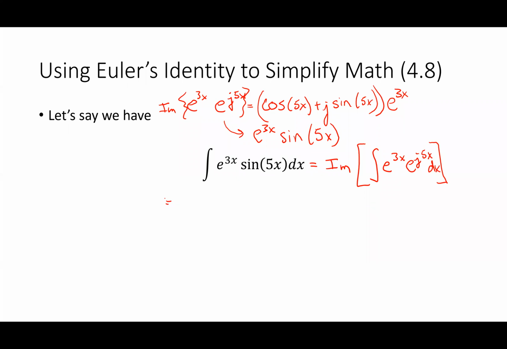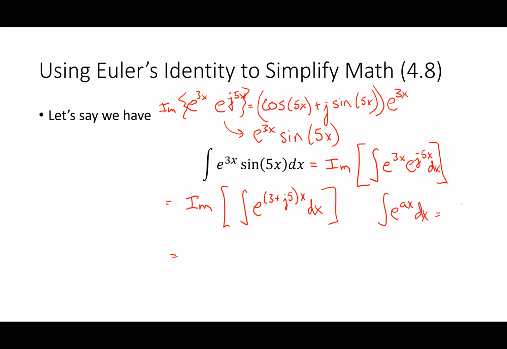So now it would be the imaginary part of the integral of e to the 3 plus j 5 x dx. In this case, it looks like I have an integral of e to the ax dx. What's the integral of e to the ax dx?